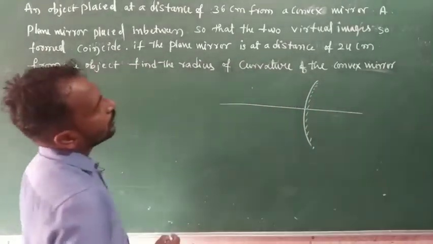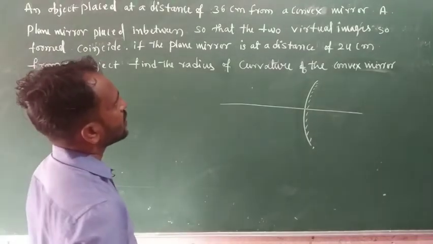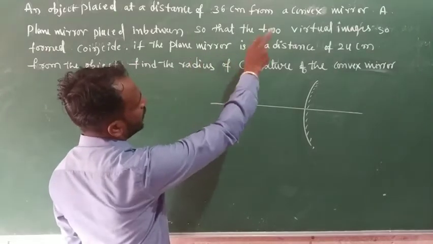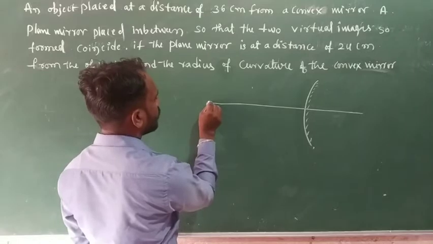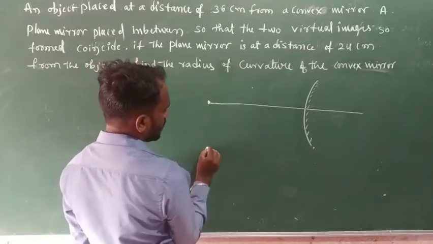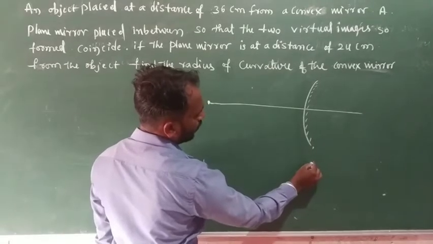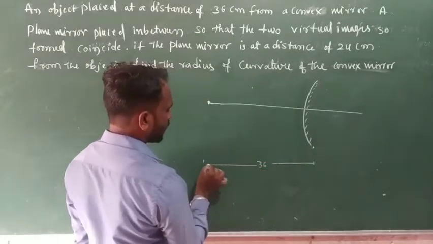Object placed at a distance of 36 centimeter from the mirror. So this is the object position, and this distance from the convex mirror is 36 centimeter.